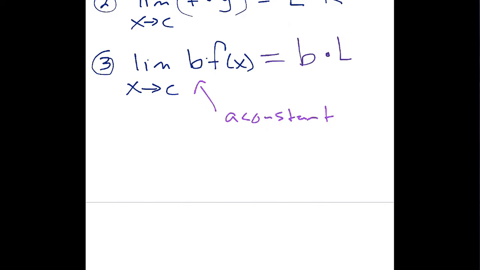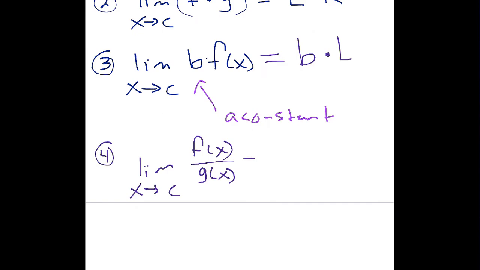Something that happens with powers, or actually let's do division. The limit as x goes towards c of f of x divided by g of x is equal to L divided by k, with the only stipulation that k cannot be 0 because you can never divide by 0. That doesn't work. Two more.